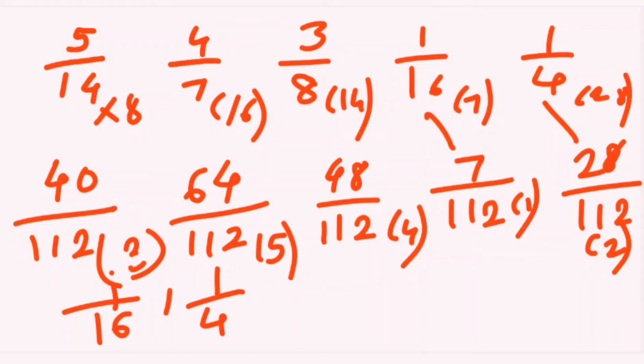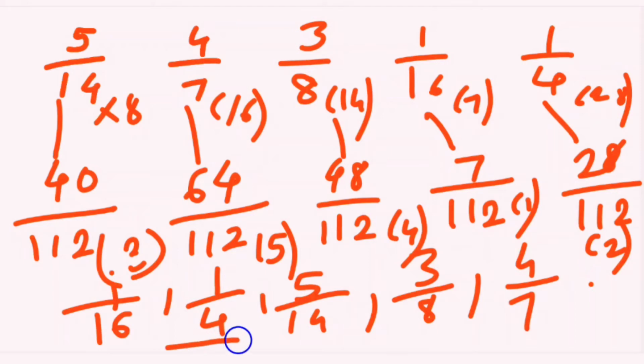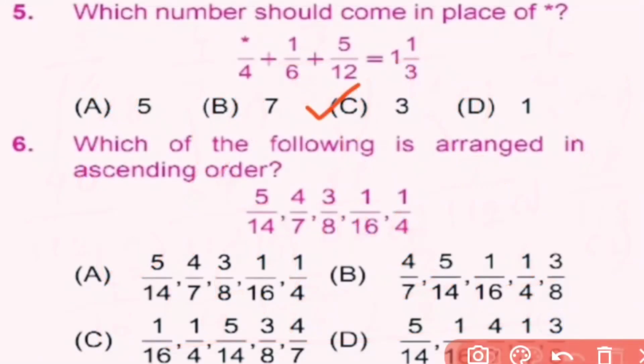Then third is 5 by 14. Then fourth is 3 by 8. And fifth is 4 by 7. So this is small to big arrangement. It means ascending order. So here C is correct answer.